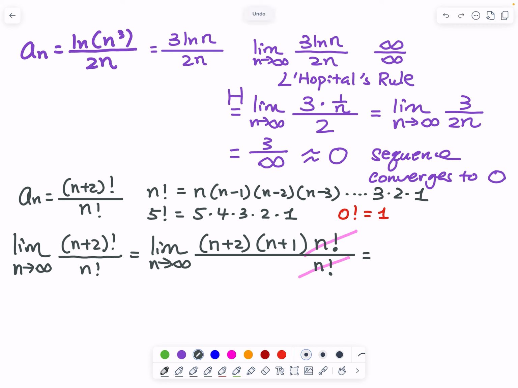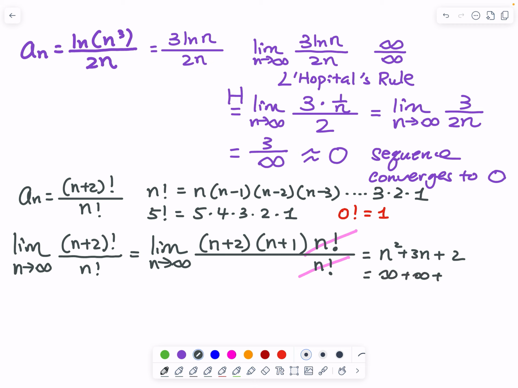Once you plug in infinity, you will have infinity. You can multiply this out, and then you will have n squared plus 3n plus 2. When n approaches infinity, you will have infinity.